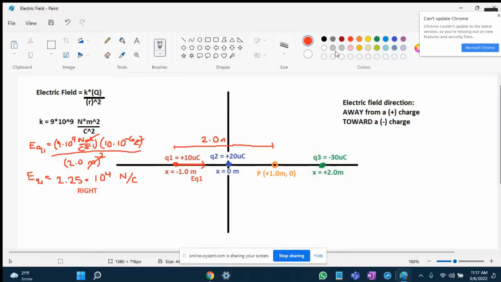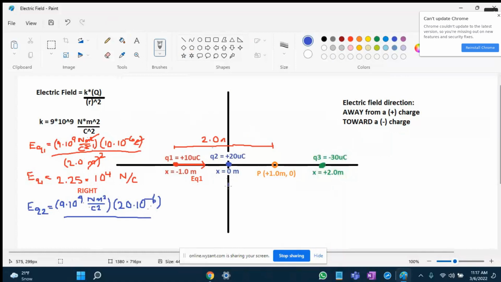Now let's do the same thing and calculate EQ2. So it'll be 9 times 10 to the 9 times 20 times 10 to the negative 6 over the distance squared.